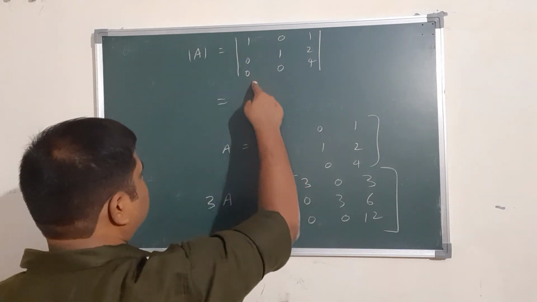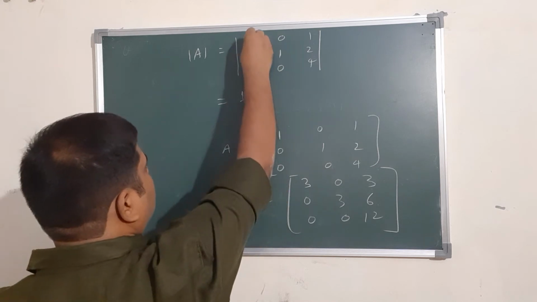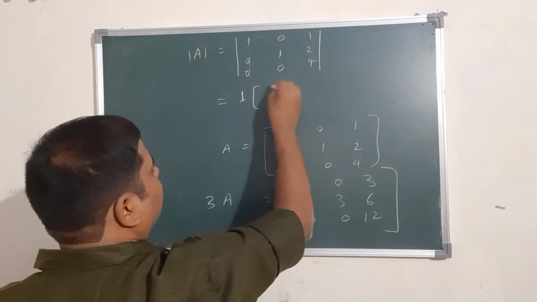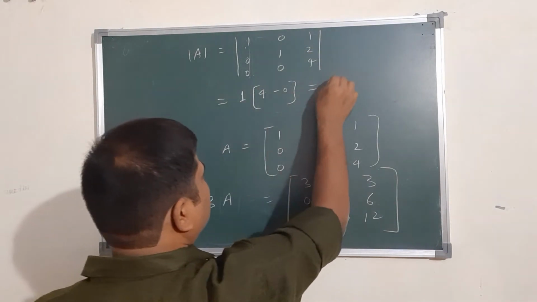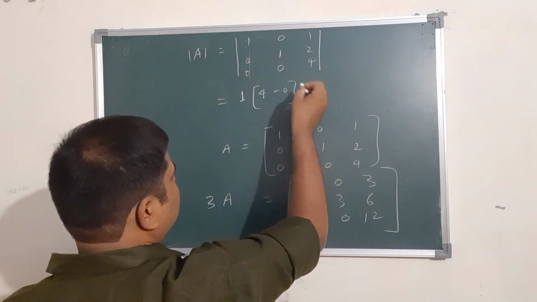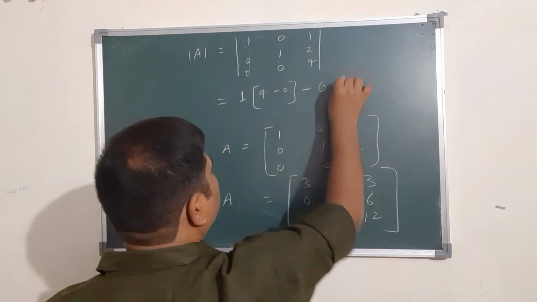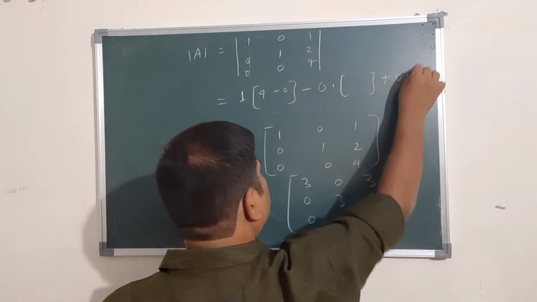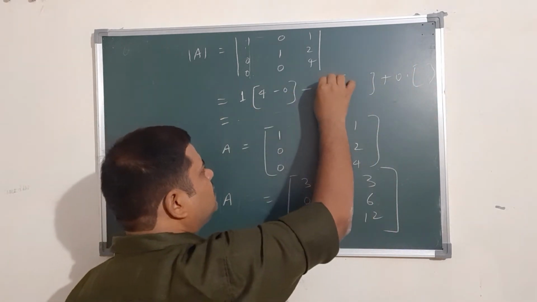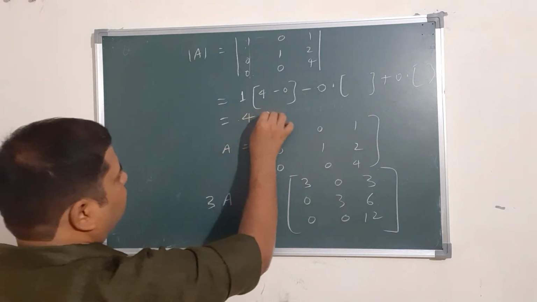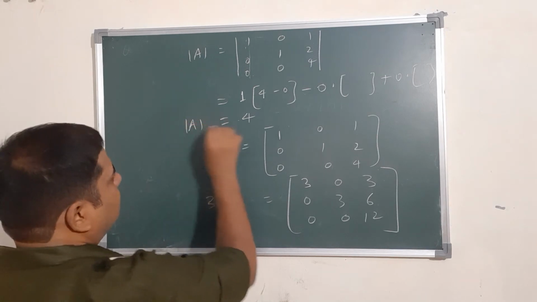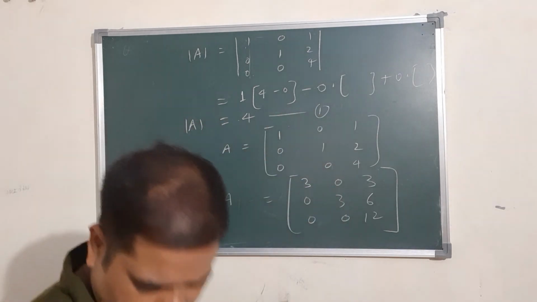So here, with 1, deleting this particular row and column, you will get 4 minus 0. Afterwards, 0 into something, so no need to expand, because these are all 0. Why? Because multiplication of 0 by any number is again 0. So this is 4 only. So determinant of A is equal to 4.